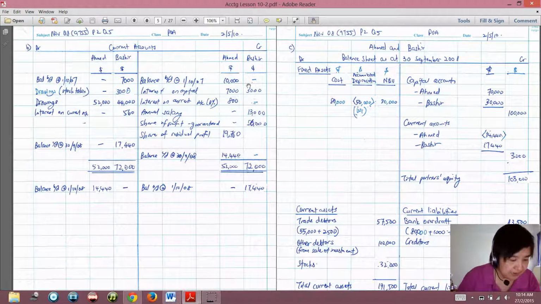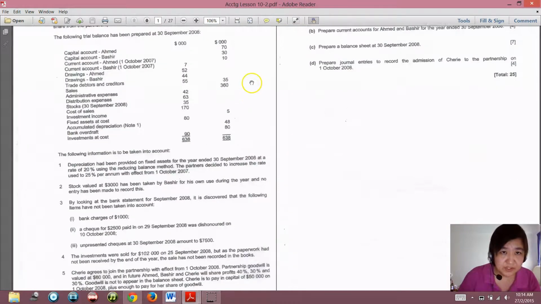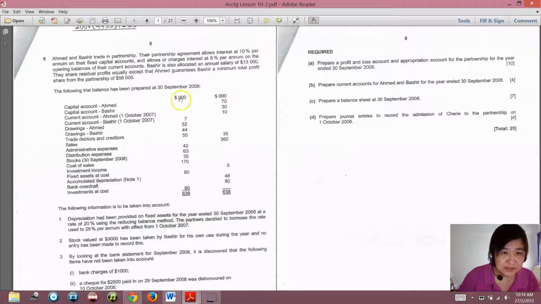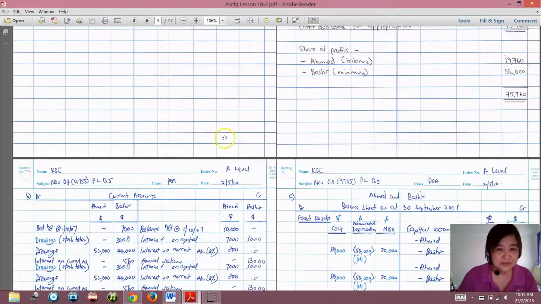Okay, so current account, if you look at the question, Ahmad is 10,000. This is a trial balance, so this column is debit, this column is credit. The beginning balance of the current account for Ahmad is a credit balance of 10,000, so the balance brought down will be 10,000.